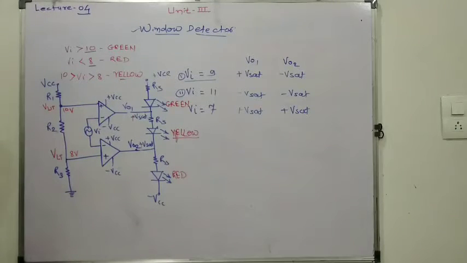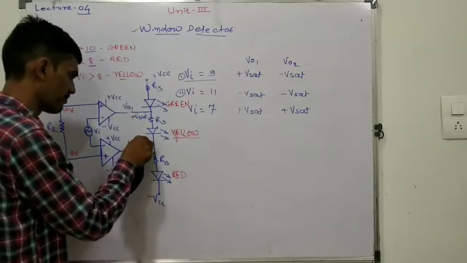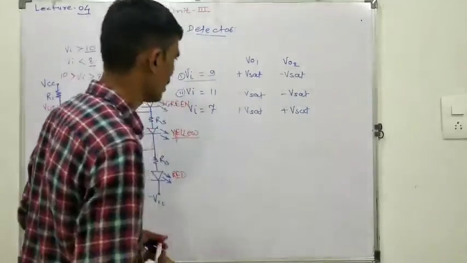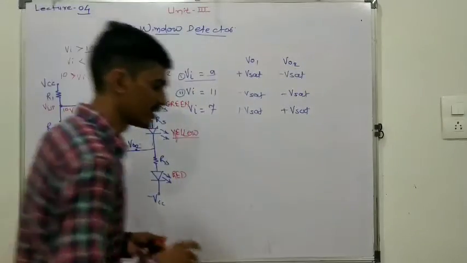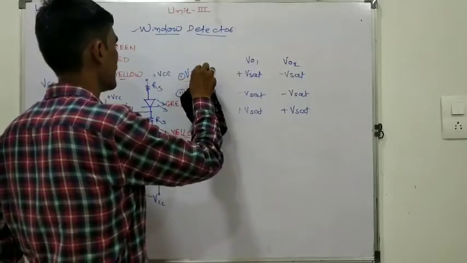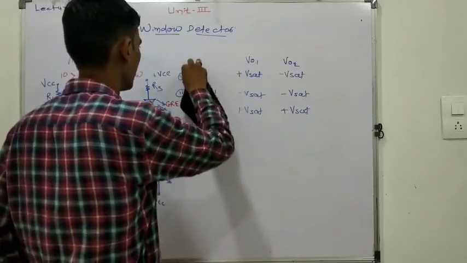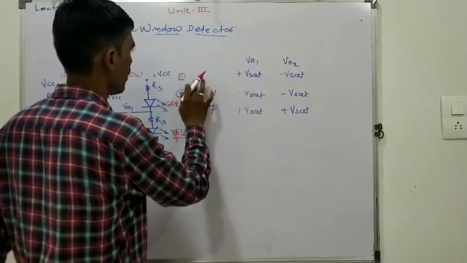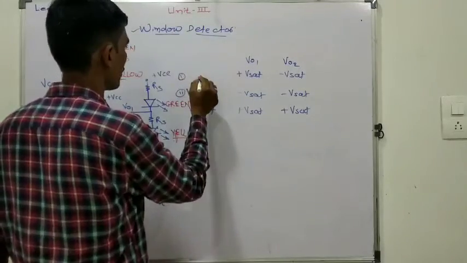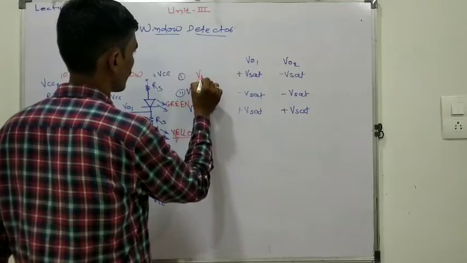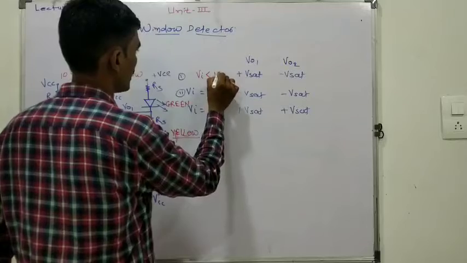So ultimately I want to say, if we are having a table, that is, we are having three conditions. This is what the condition is. First condition is what? Vi is less than the upper threshold voltage, or we can say Vi is less than 10 volt.